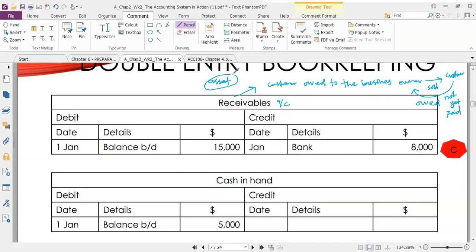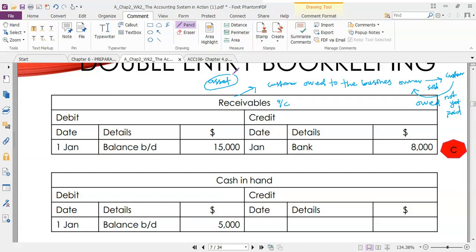Okay, class. Apa makna receivables account? Receivables account is when the customer owed to the business. The customer has not yet paid the amount to the owner itself. So a receivables account is an asset to the business.